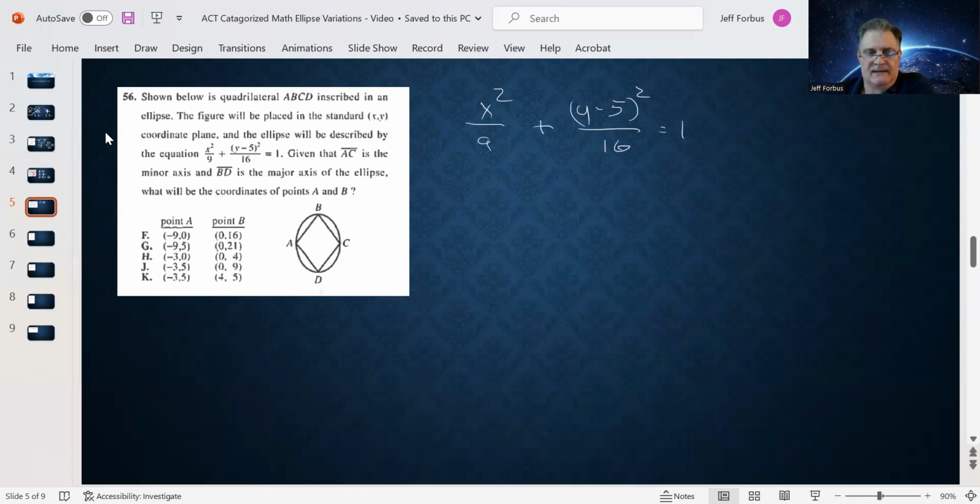Given that line segment AC is the minor axis and BD is the major axis, what will be the coordinate points of A and B?